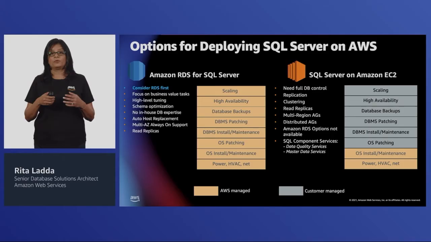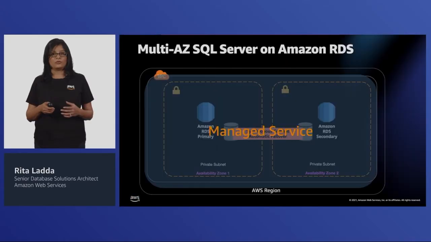With RDS, this is a fully managed feature where you can set up Multi-AZ deployments with one click. In case of service disruption, RDS automatically fails over to the secondary instance, so database operation can resume without manual intervention and with minimal disruption.